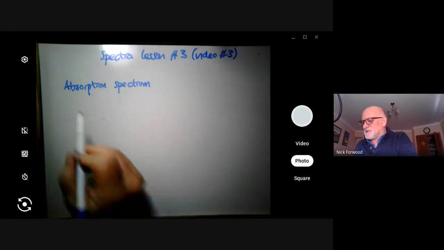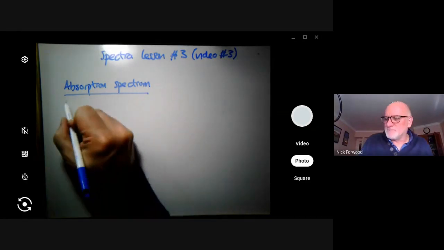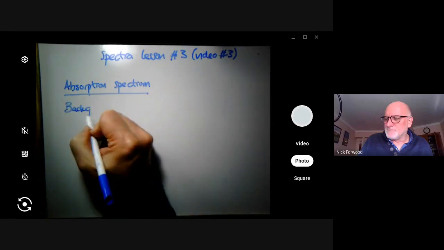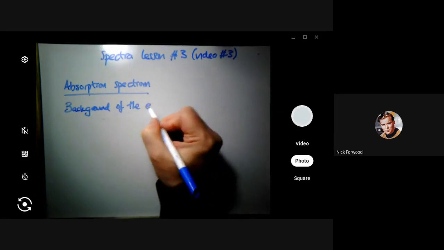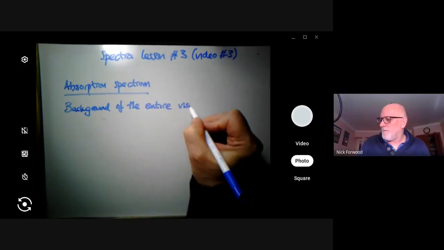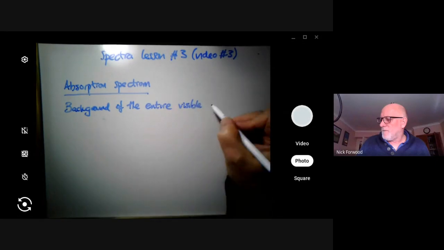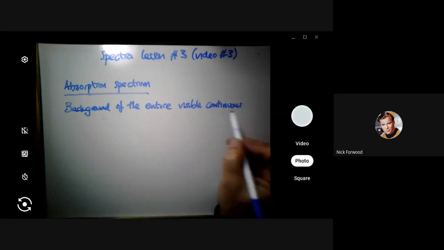An absorption spectrum, and you need to get this written down. It's got a background of the entire visible spectrum. And to be precise, the entire visible continuous spectrum, because that's a word we've just learnt.